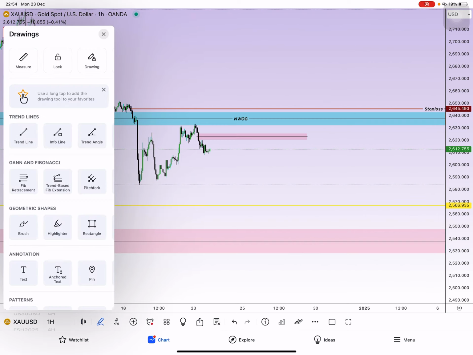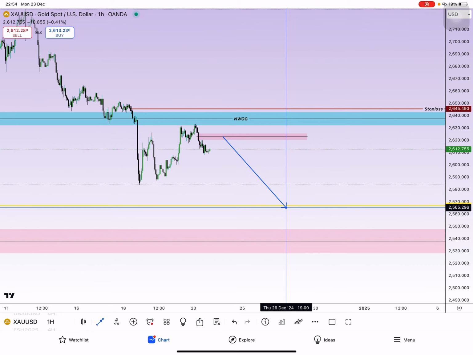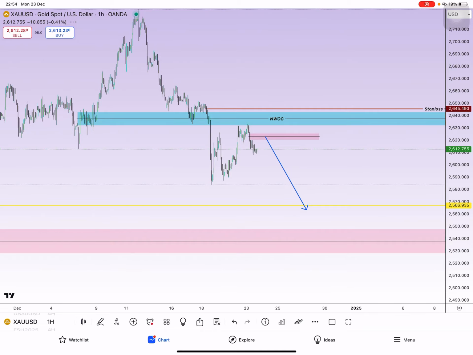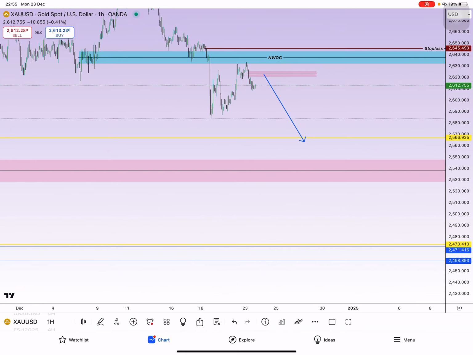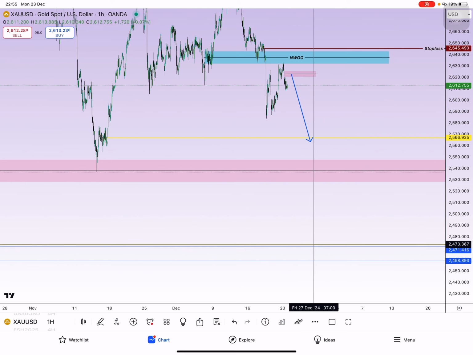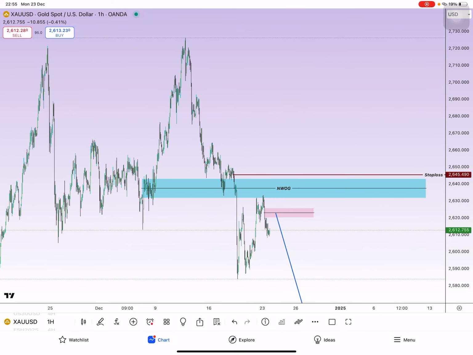So I would go for this one. Okay, so this is our first target, and that's 1:2. So if we move further below this one towards this one, that's gonna be huge profit, even if we just hold a small portion of our trade.